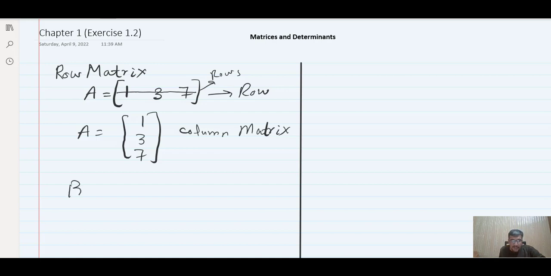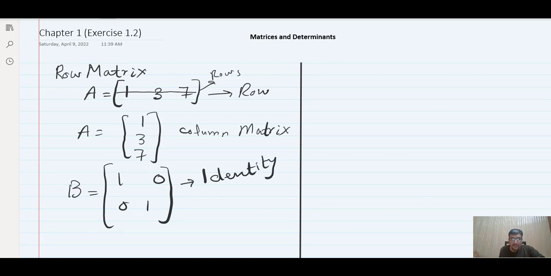And if we have a matrix, for example, I name it B, [1 0; 0 1], it will be known as an identity or unit matrix, because we have discussed that if all the entries in the diagonal are 1, then it is known as an identity matrix. So we have covered three types of matrix: the first is the row matrix, the second is the column matrix, and the third is the identity or unit matrix.